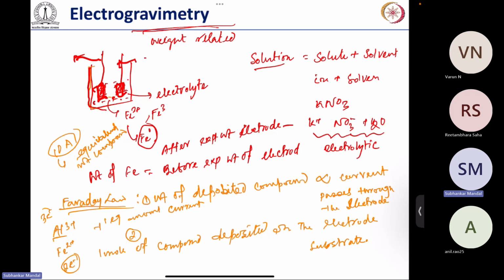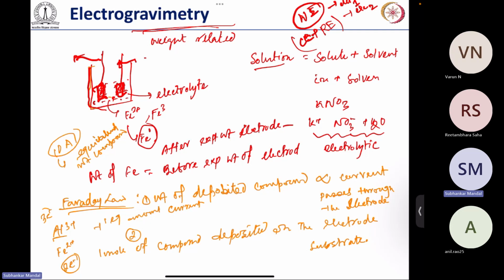In that case, the working electrode will be the same, but the counter electrode and reference electrode leads you have to join together and connect with one lead. So this is electrode 1, this is electrode 2. After that, you can apply the potential in the electrochemical cell.